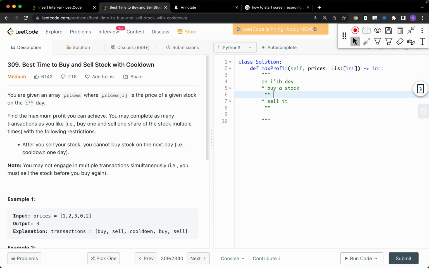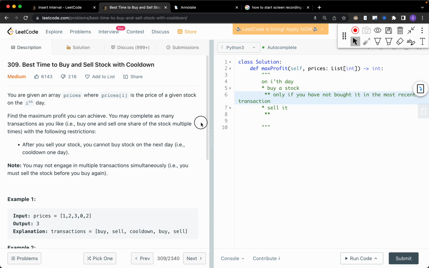So you have to buy a stock only if you have sold it, or to put it another way, you can buy a stock only if you have not bought it in the most recent transaction. This is one observation, right?